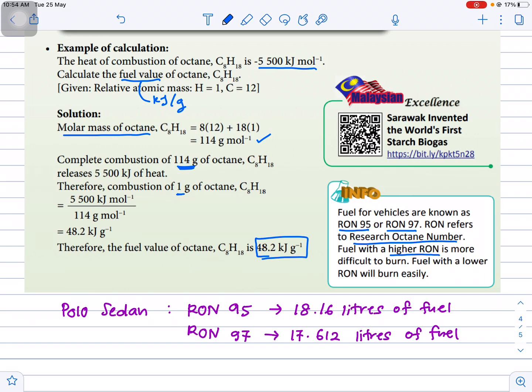But this is not for all types of cars. Normally it is for certain types of cars. Some cars are suitable to use RON 95, some cars are more suitable to use RON 97. It depends on the engine used in that car. So you have to check the manual to see which one is safer for your money.